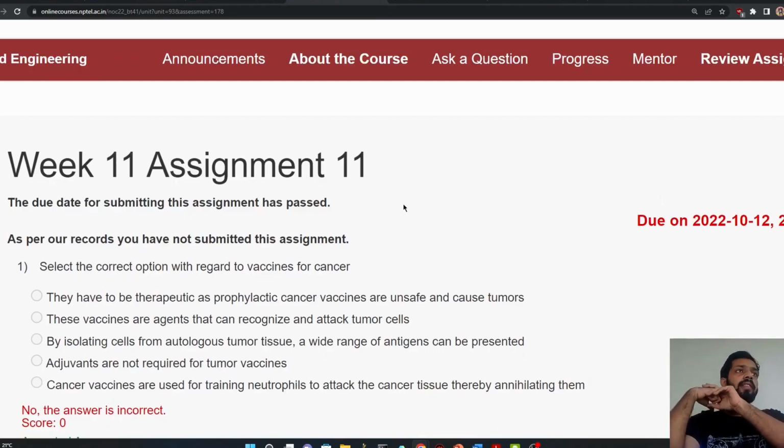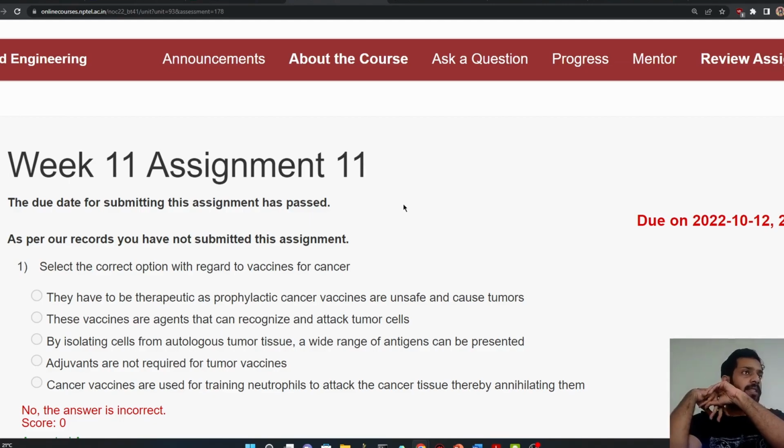Select the correct options with regards to vaccines for cancer. Option C: by isolating cells from autologous tumor tissue, a wide range of antigens can be presented. Yeah, that's true. These vaccines are agents that can recognize and attack tumor cells is not true, right? That's not what vaccines are. And they have to be therapeutic, as prophylactic cancer vaccines are unsafe and cause tumors is not true. As we were previously discussing in the previous classes, there are several prophylactic cancer vaccines, for breast cancer, ovarian cancer, and so on and so forth.